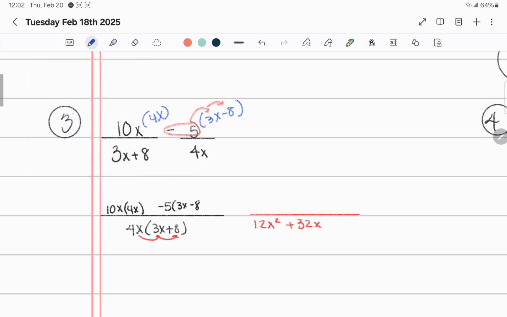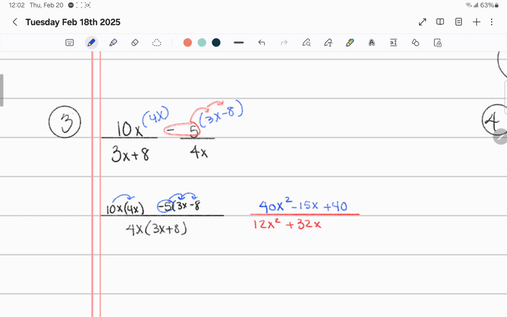At the top, we have 10x times 4x, that is 40x squared because they both have x's. And then we want to take the negative with the 5. -5 times 3x, that's -15x. And then -5 times -8, that's positive 40.